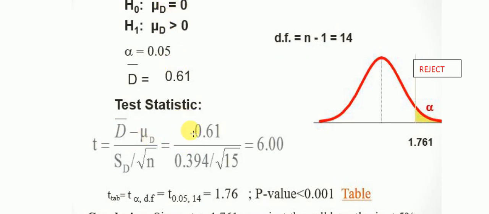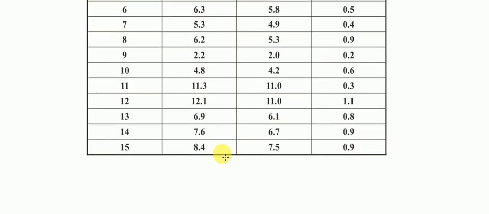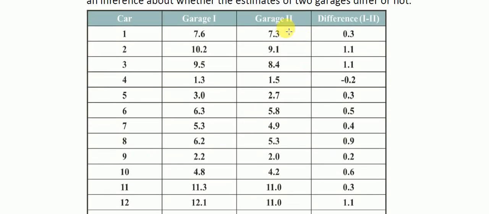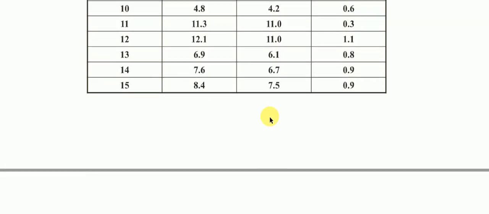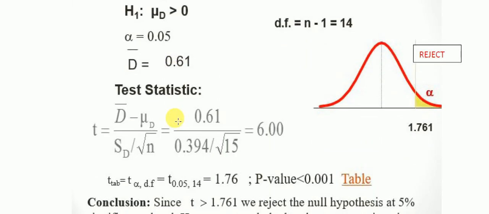So this mu D is 0. So minus 0 is nothing. So 0.61. D bar is calculated as I have already told you, that you'll have to subtract the mean for these values from this value, or the mean for this value from this value. So here we are, 0.61 is the answer.